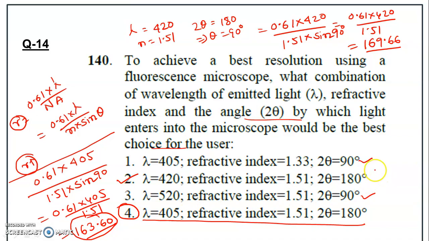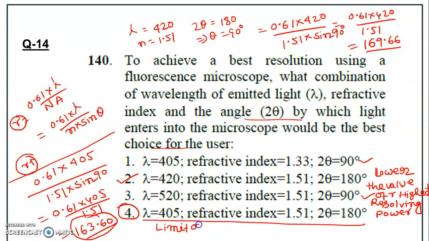We know that the lower the value of r, the higher the resolving power; limit of resolution is inversely proportional to resolving power. So the answer will be option 4. Now next question.